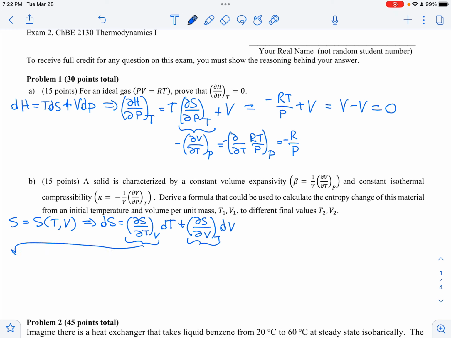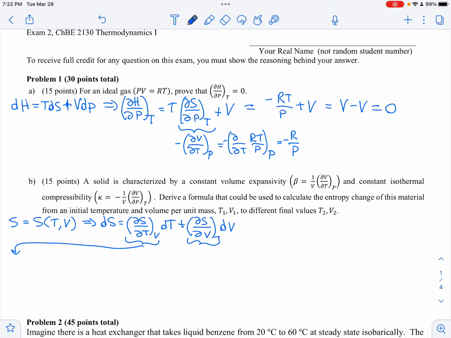So let's see what we can do with this. I usually remember that temperature derivatives of entropy always end up being heat capacities over temperature. But if you don't remember that, we'll derive it in a minute. But I know this is CV over T. It's a pattern that I've seen through doing many problems like this.